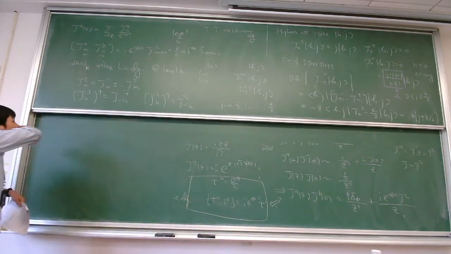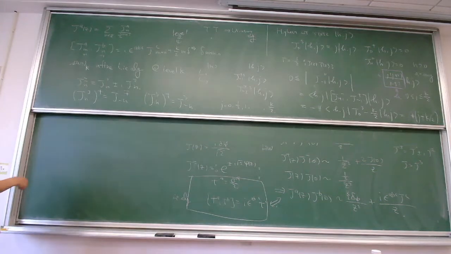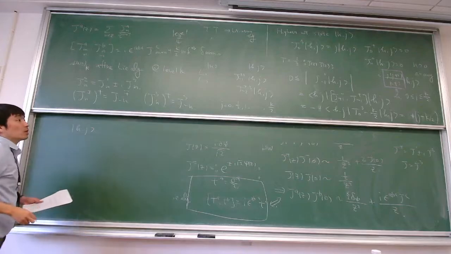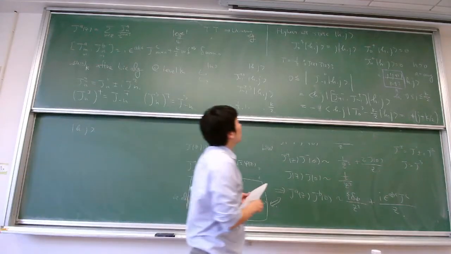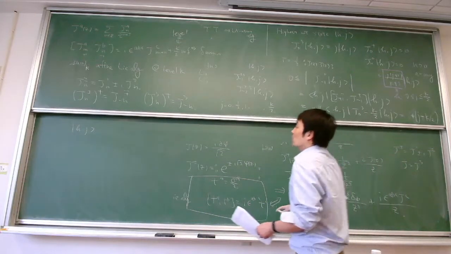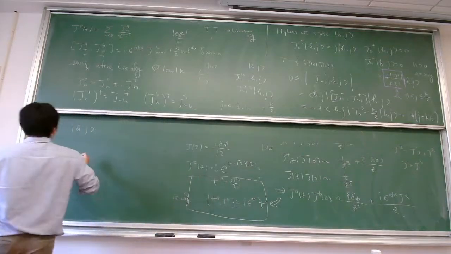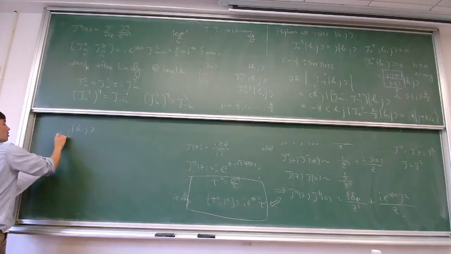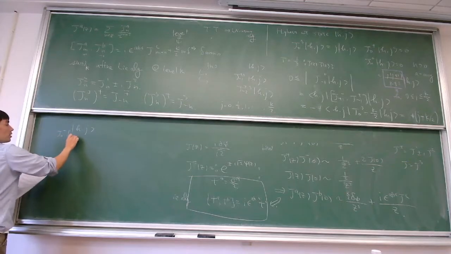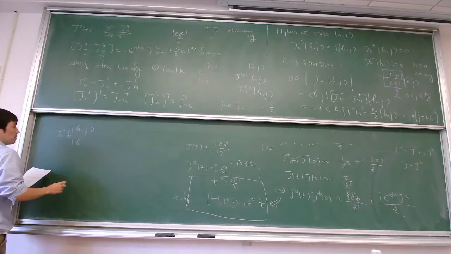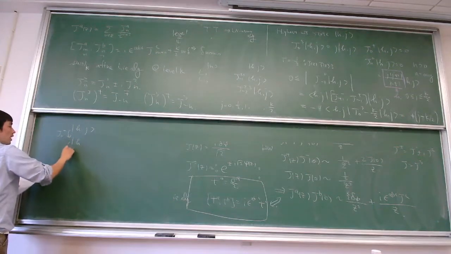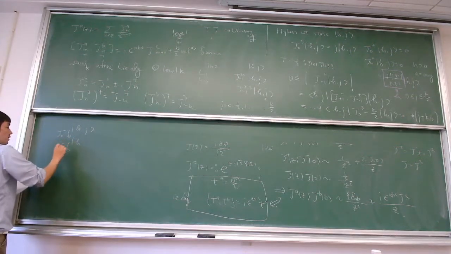And this is, let me continue. So you can have the |H j>, and then you can act with the J0 minus, and then you can have |H j-1>, whatever. You can have the lowering operator J0 minus and so on.